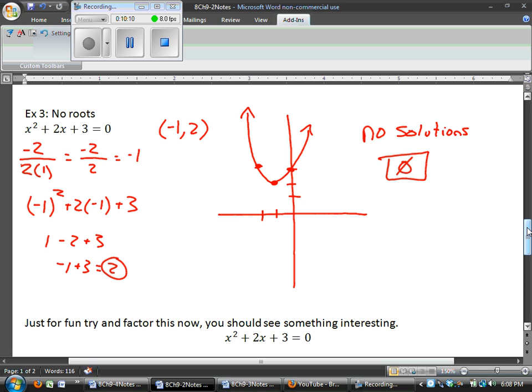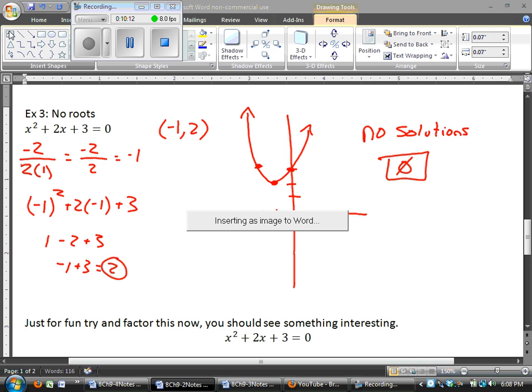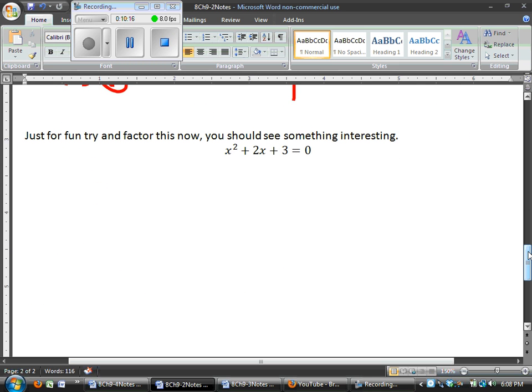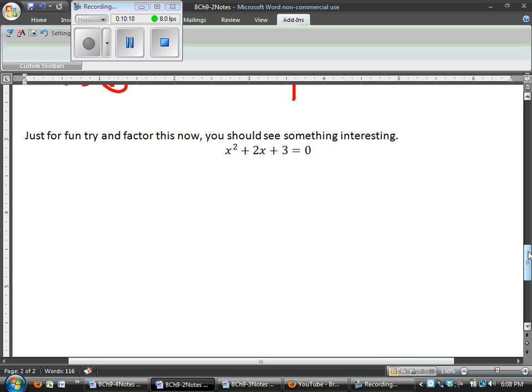Okay? Now, if you look down just a little bit more, remember when we were solving equations using factoring, this is a quadratic trinomial. We solved by finding what multiplied to 3 and added to 2. So if I try to figure those things out, the things that multiply to 3 are 1 and 3, negative 1 and negative 3. But when I add those, I get 4 and negative 4.